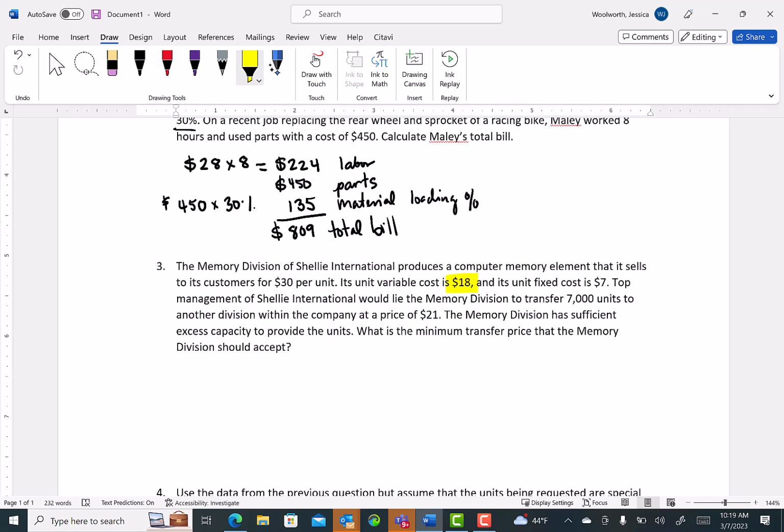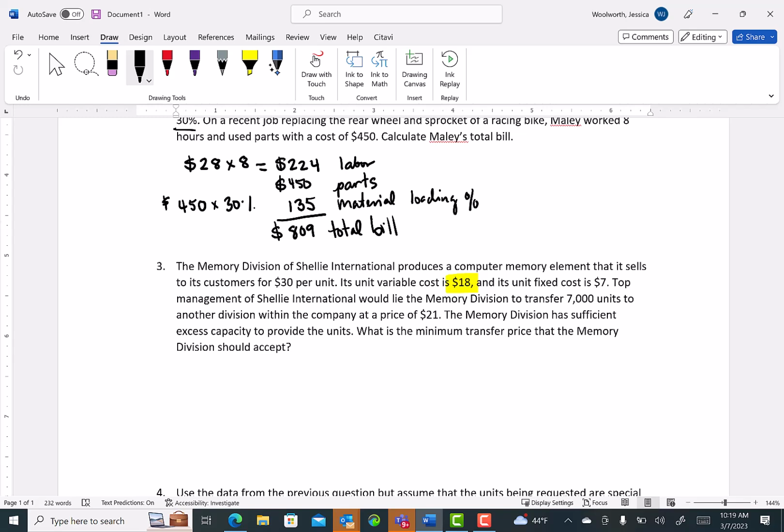Now, our manager would like us to transfer them for a price of $21. So is that reasonable? Can we do that? In this case, because our division has excess capacity, its opportunity cost is zero. We're not giving up anything to do this order. We have the capacity to do it. So we have zero opportunity cost.